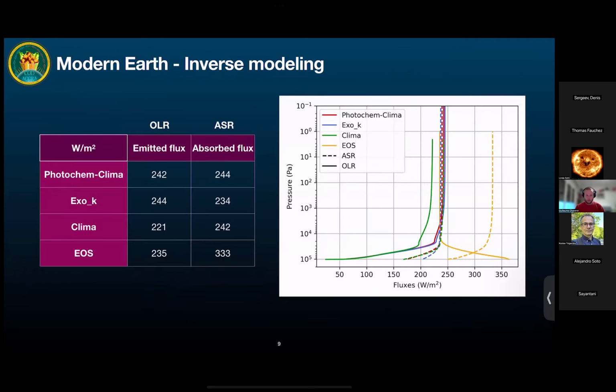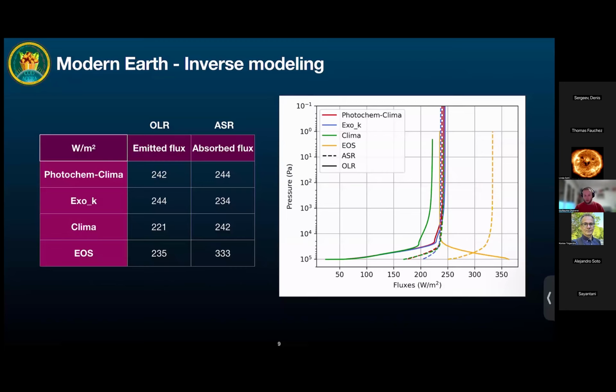So let's see what we have so far. Here we talk about inverse modeling, so no temporal evolution. We all have the same PT profile, and we look at differences in the radiative transfer. You look at the OLR and ASR as a function of the altitude, so the pressure, for the different models we have in COD ACCRA.